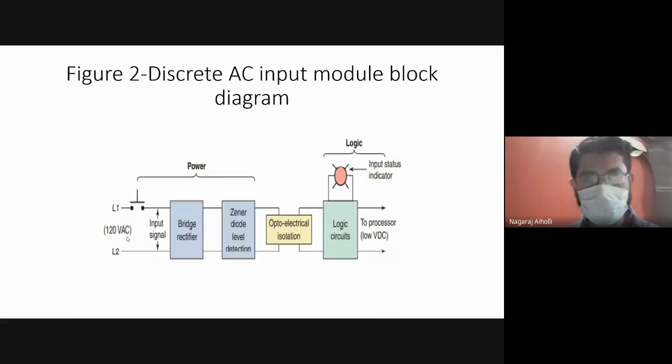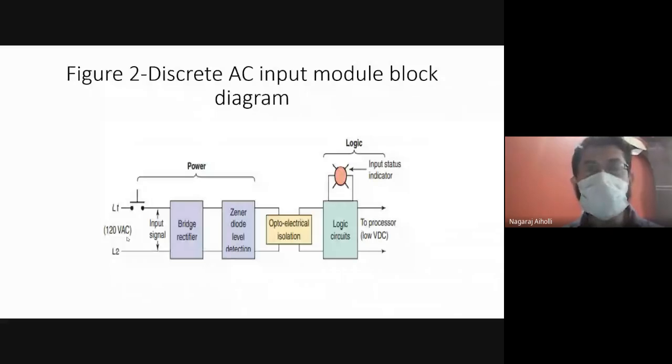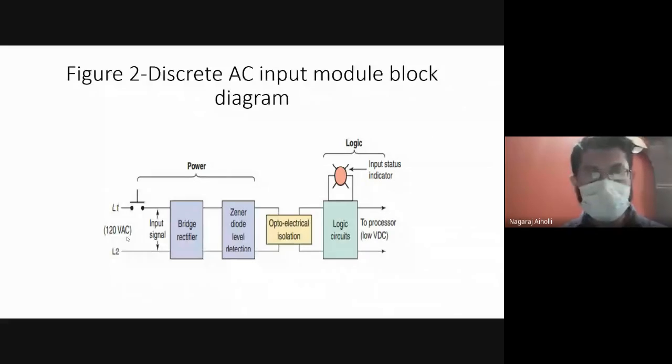Because different countries follow different supply ratings. In India we are following a standard of 230 volts 50 hertz. This you have studied in your basic electrical subject in your first year. If you take countries like the US, America, there the voltage rating is 120 volt 60 hertz.